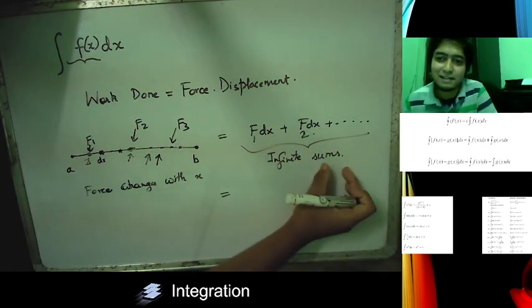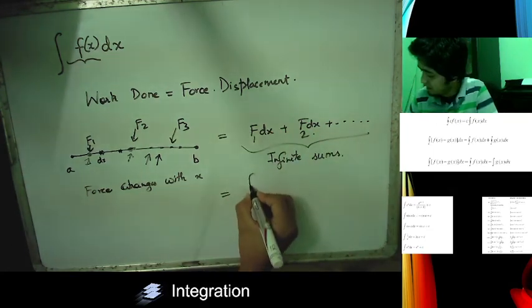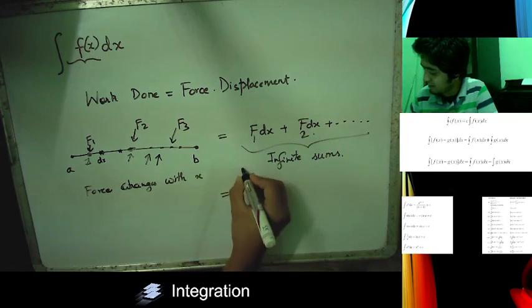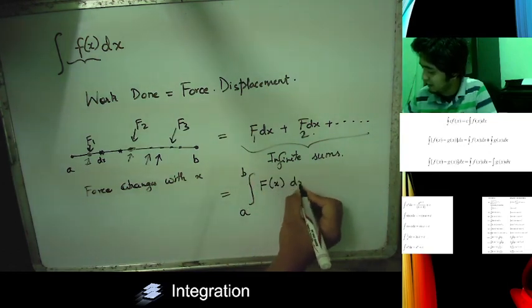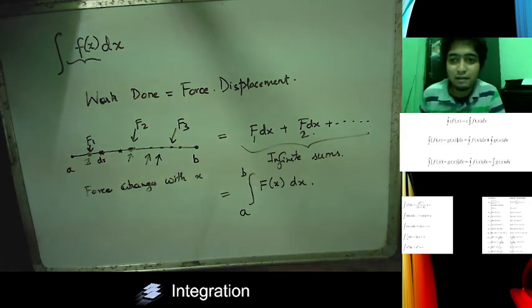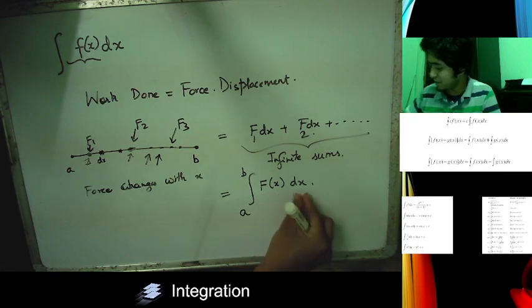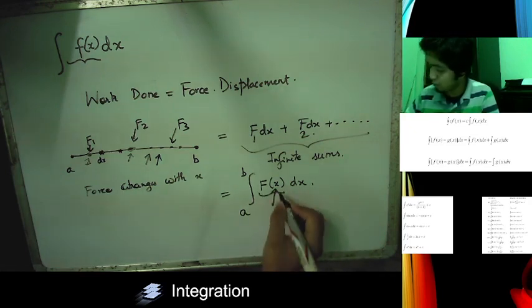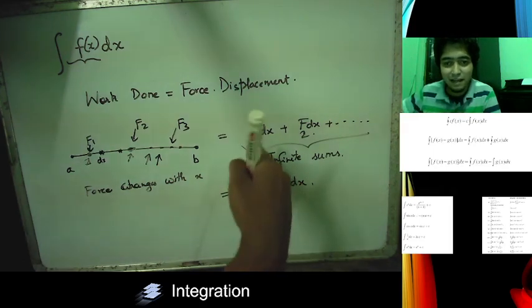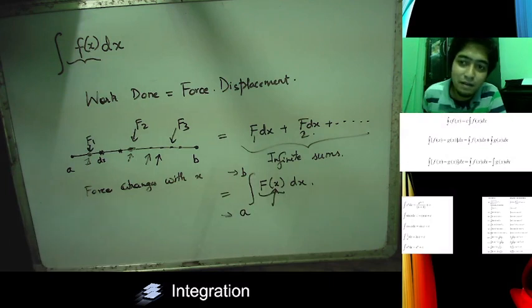Instead of writing it like this, as infinite sums, we can easily write it like this: integral from a to b of f(x) dx. That is the work done. It is force times displacement, but the force depends on the position x, and the work done is calculated from a to b.